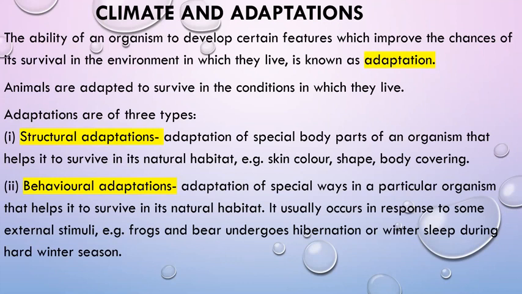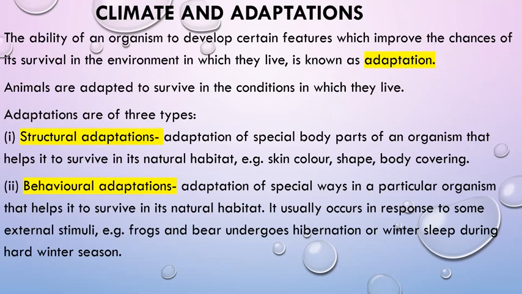There is a wide variety of flora and fauna found on the earth. We have already studied there is a wide variability of climatic conditions too, from region to region. The question that now arises is how the flora and fauna survive in such different climatic conditions.